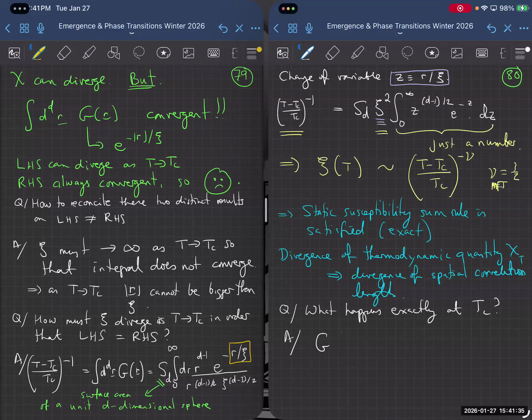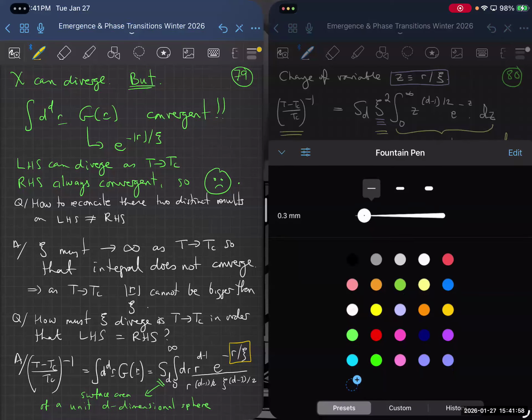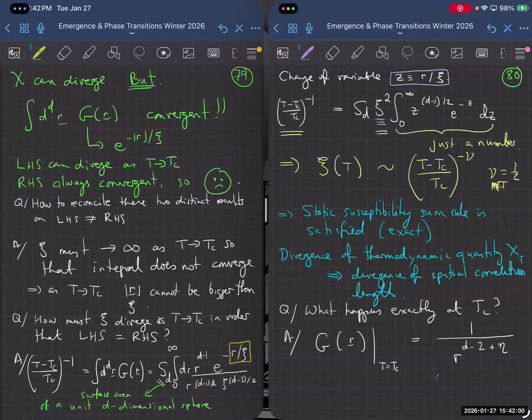G of R evaluated at T exactly equal to Tc behaves like some number times 1 over R to the power d minus 2 plus eta. So it goes as a power law decay, not exponential, decay with distance.